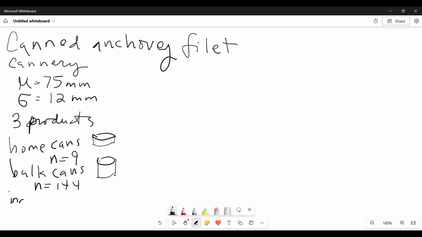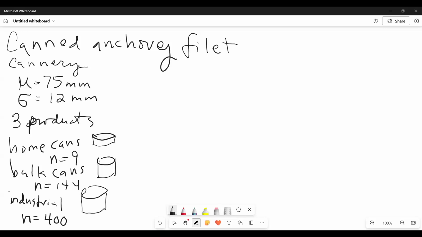And then there's industrial cans. So these ones are going to go to, like, the frozen pizza manufacturers. They're not going to home cooks. And we're going to have 400 anchovy fillets in those.